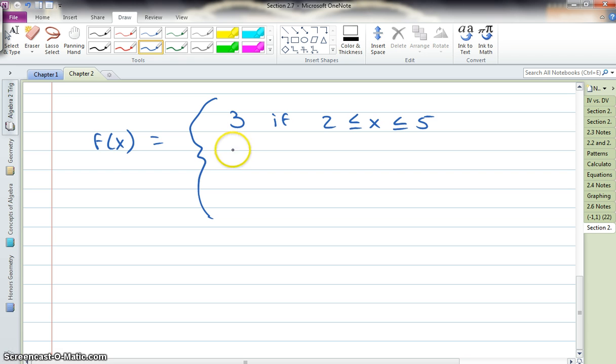I'm going to have f of x equals 5 if x is greater than 5 and less than or equal to 8. And then let's go f of x is 7 if x is greater than or equal to 8 and less than or equal to 12.